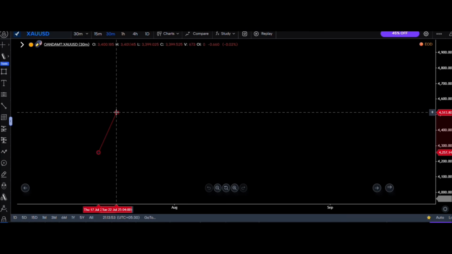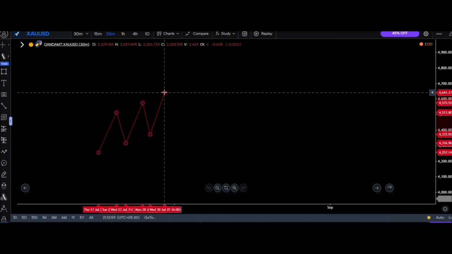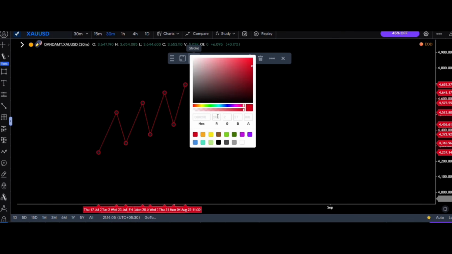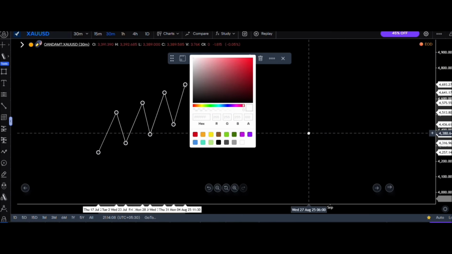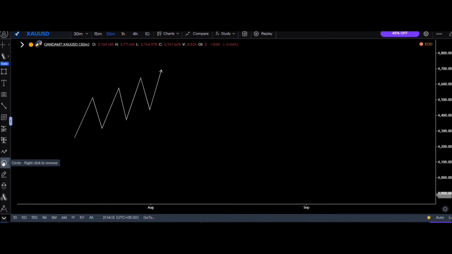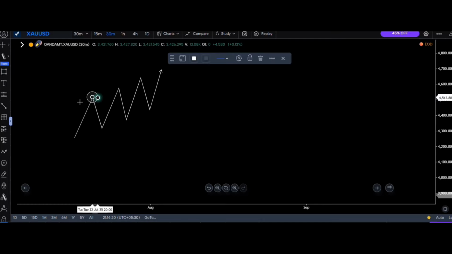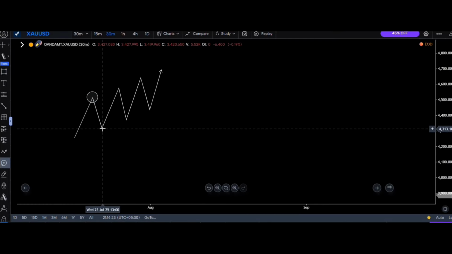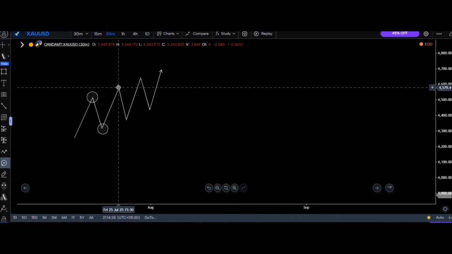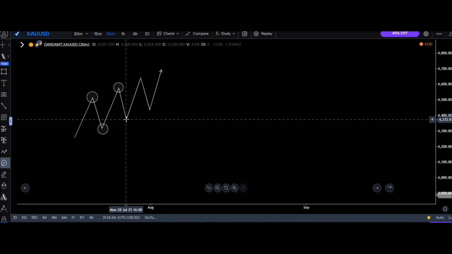See here. This is our uptrend. So let me mark these higher highs and higher lows. This is our first higher high. This is our higher low. Again, higher high, higher low.